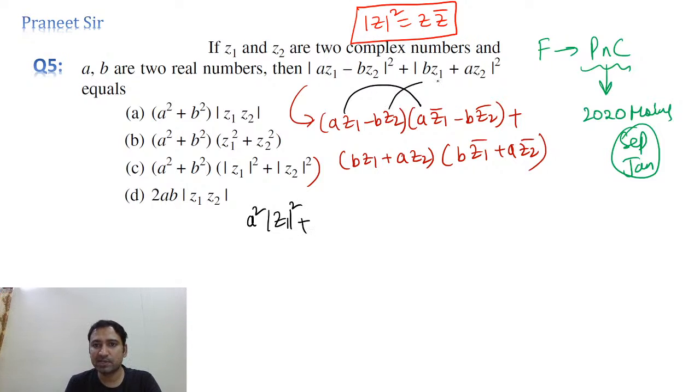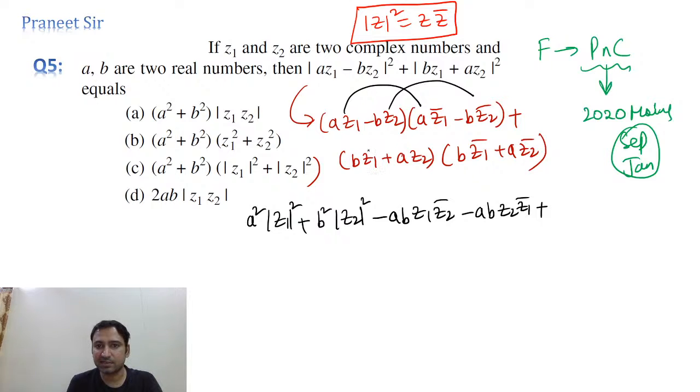Plus this into this, we get b square into mod z2 whole square. Next minus ab into z1 z2 bar, minus ab into z2 z1 bar, plus next the second term is this into this.